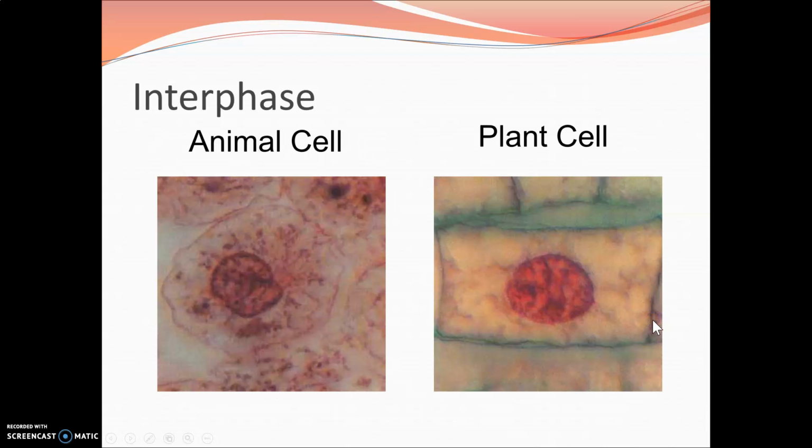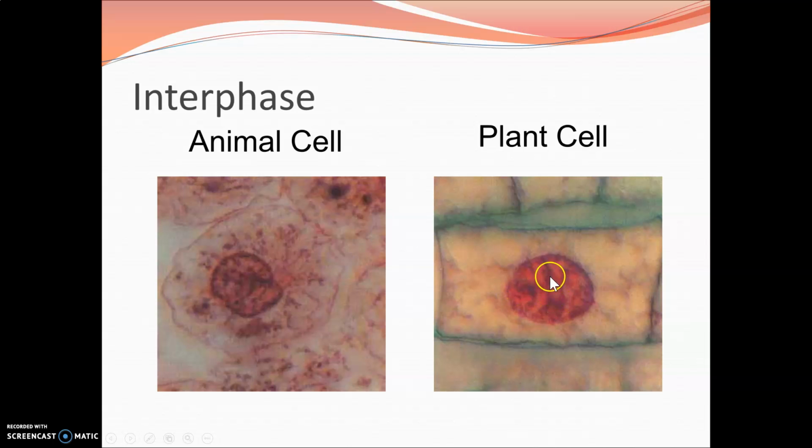So this is what that looks like for each of those phases. For interphase, you can't really tell that there are any chromosomes. This stringy purple stuff is in the nucleus of all of these cells. This little circle here is the nucleus of both of these cells. Notice that is the DNA we can see, that purple stringy stuff.